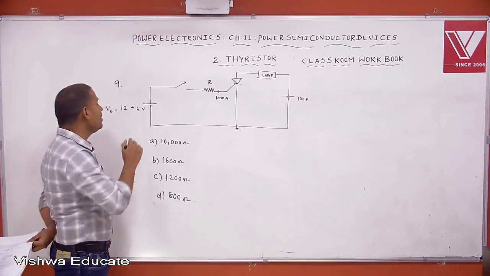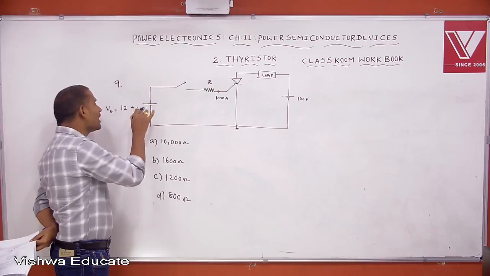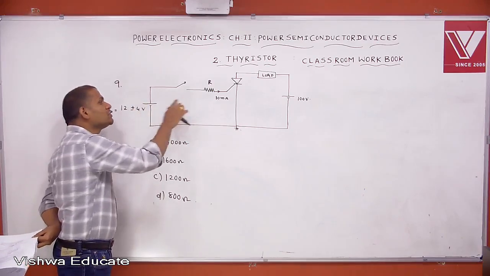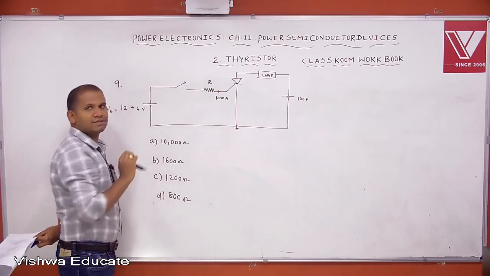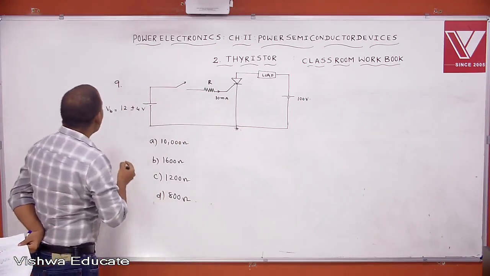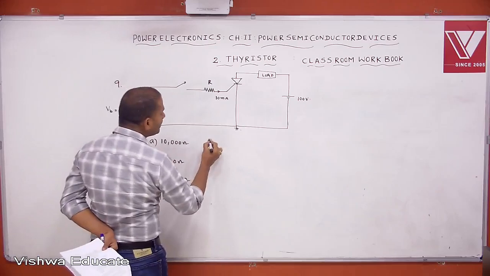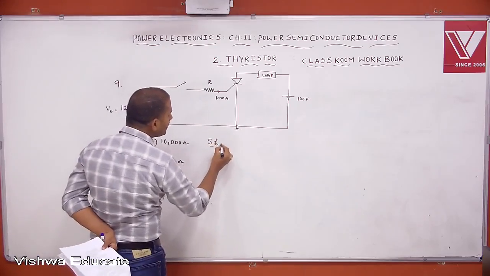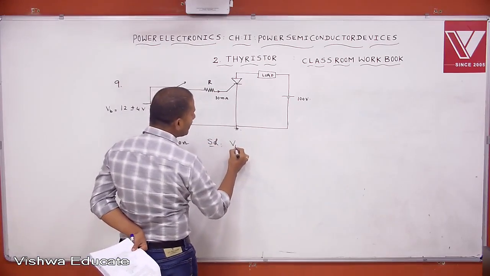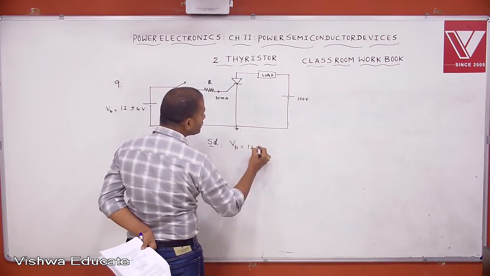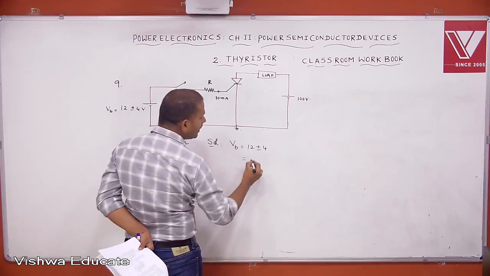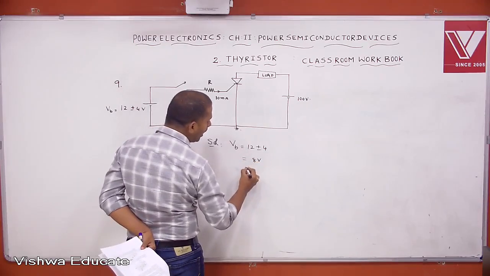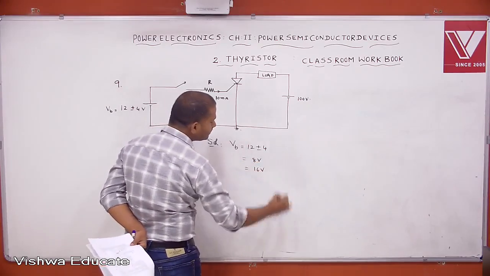So whatever voltage we apply must drive 10 milliampere with the given resistance, for all variations of VB. VB is given as 12 plus or minus 4 volts, which means it may be 8 volts or it may be 16 volts.